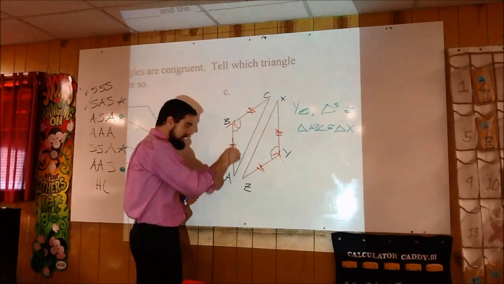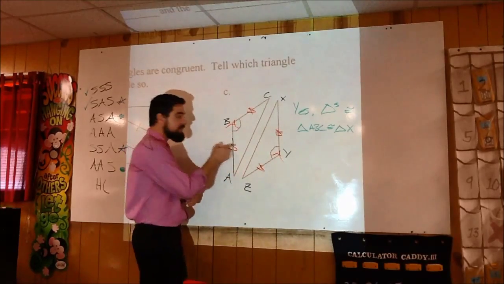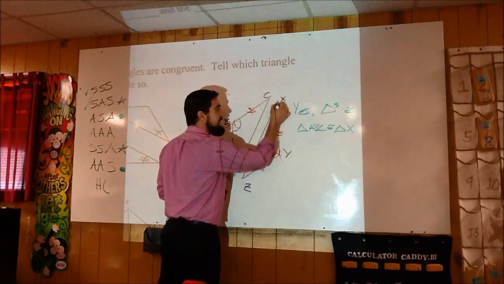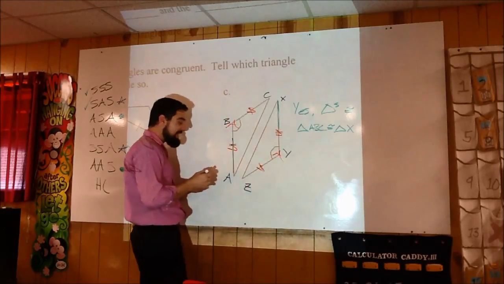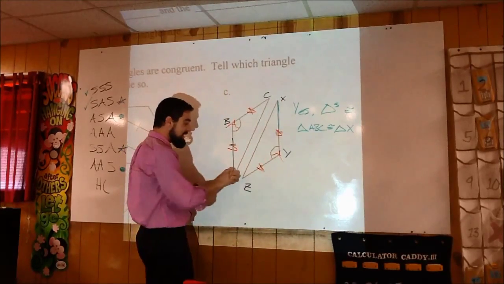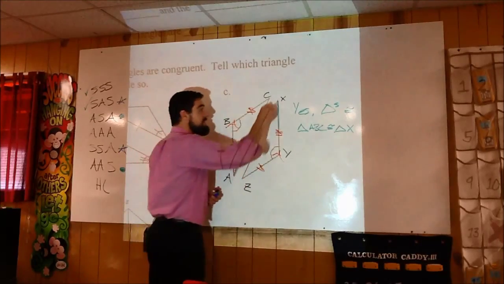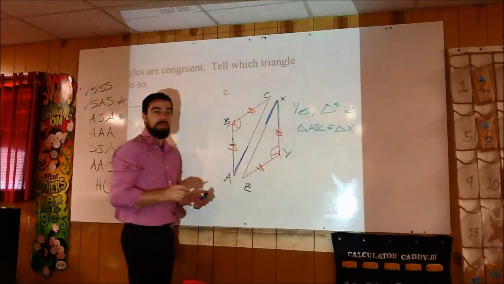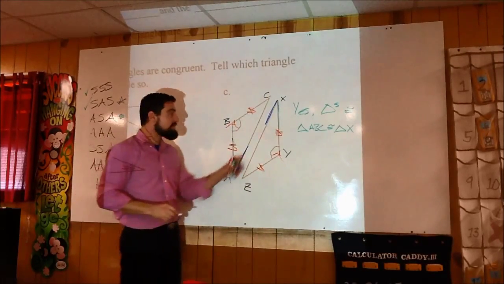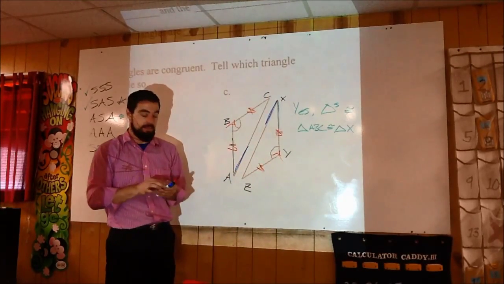It's this side here with 2 marks of congruency. The other side that's forming angle A is the side that we don't know anything about. There's nothing on this. So angle A corresponds with angle X.